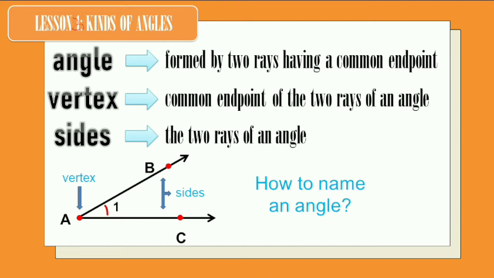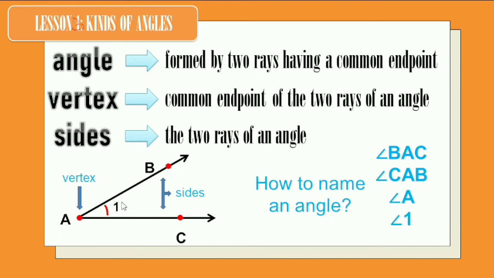How to name an angle? So, dito sa given natin, maraming possible answers. Una, ito yung symbol for angle. So, angle BAC. Pwede rin namang angle CAB. Pwede rin using yung vertex lang, angle A. Or, itong nandito, angle 1. Itong 1 na to, hindi to yung measure ng angle ha. Basta yan lang yung name.